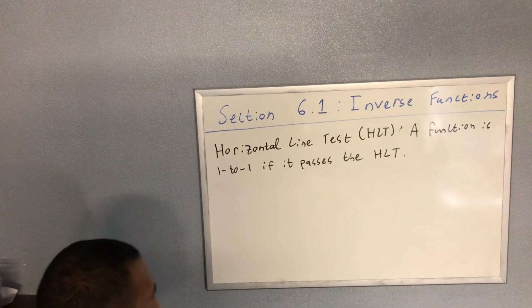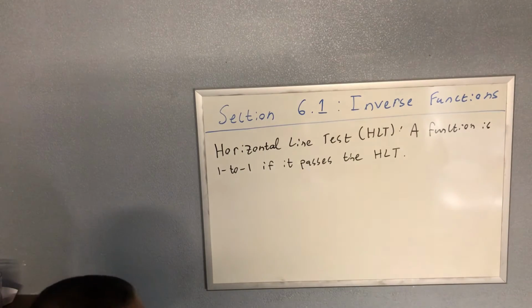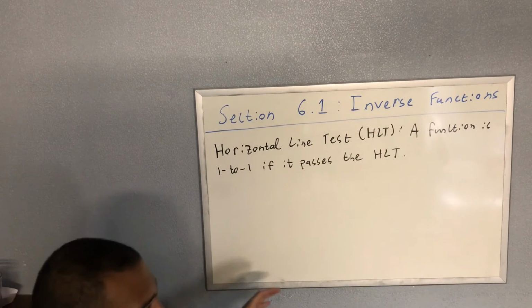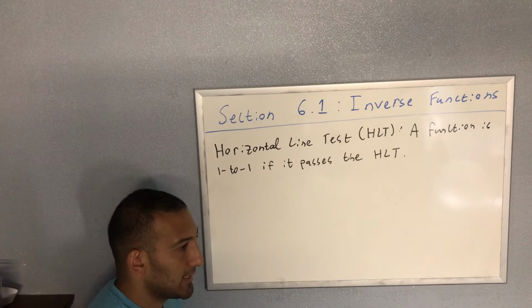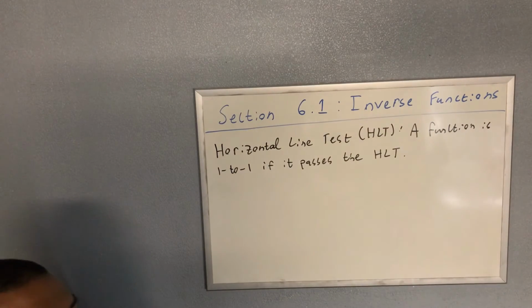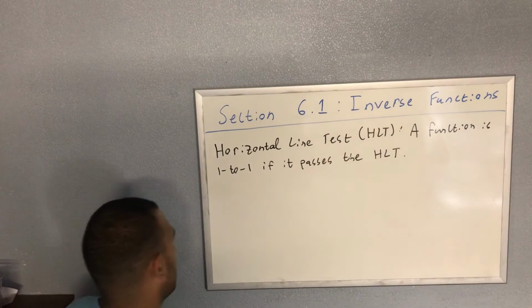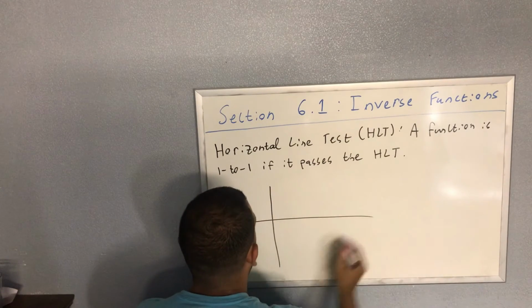So a function is one-to-one if it passes the horizontal line test. If you do the horizontal line test and it works, that means that function is one-to-one. If it doesn't work, it is not one-to-one. And what does passing the horizontal line test mean? It's the same thing as passing the vertical line test.